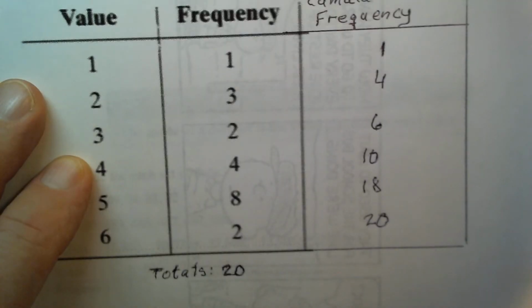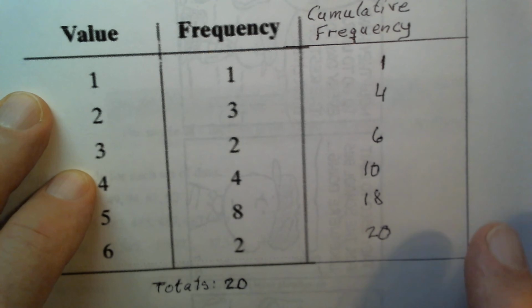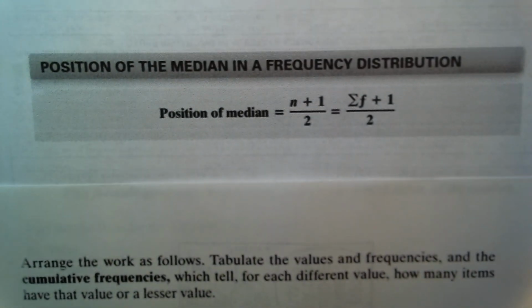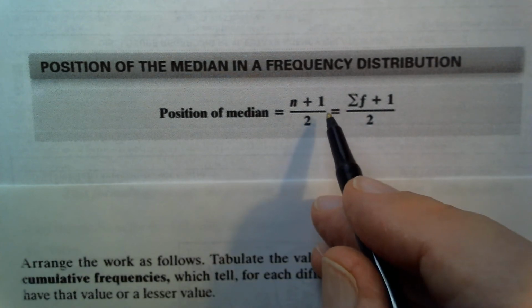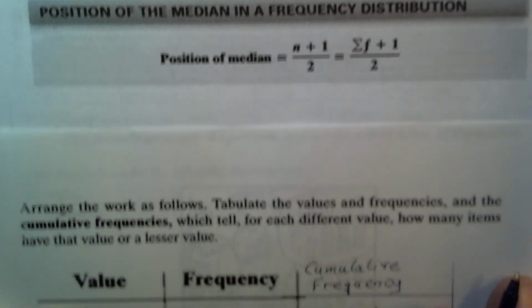So the sum of the frequencies equals 20. From the formula we looked at a moment ago, the position of the median is the sum of the frequencies plus 1 divided by 2.